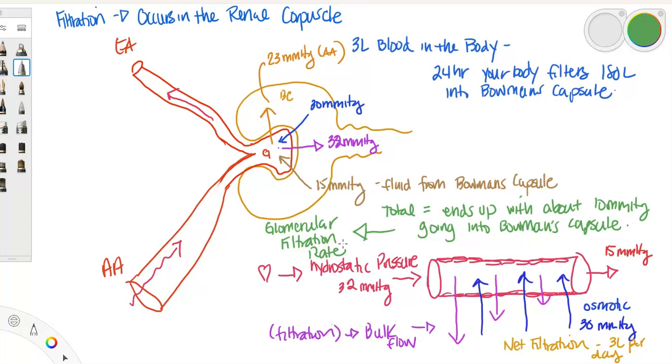This is what's left. 10 millimeters of mercury pressure going into Bowman's capsule. And that is normal glomerular filtration rate, or GFR. Okay.